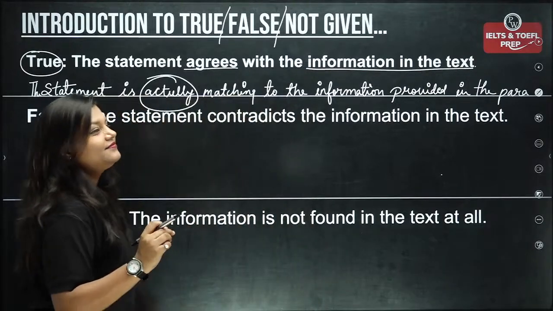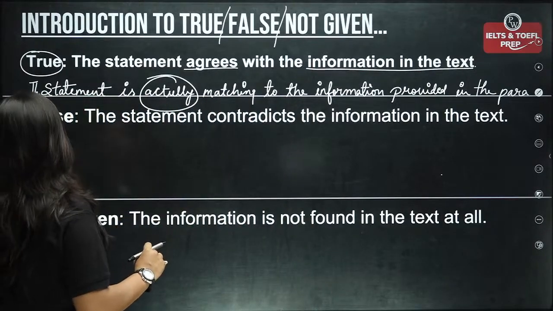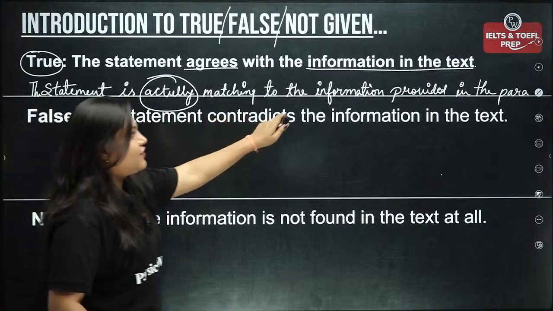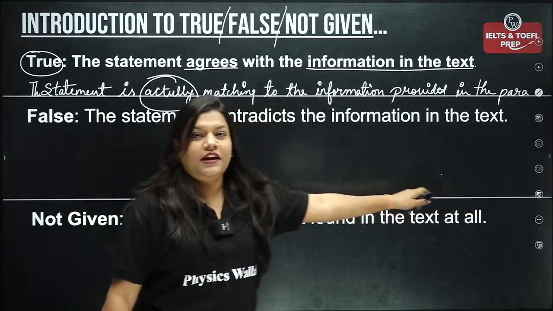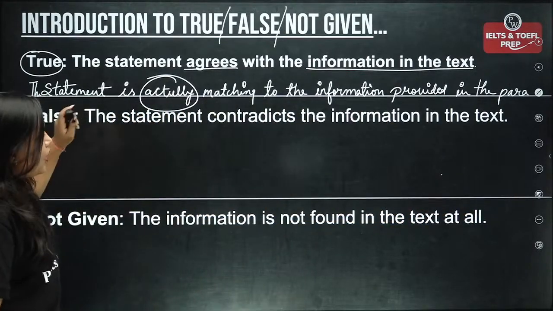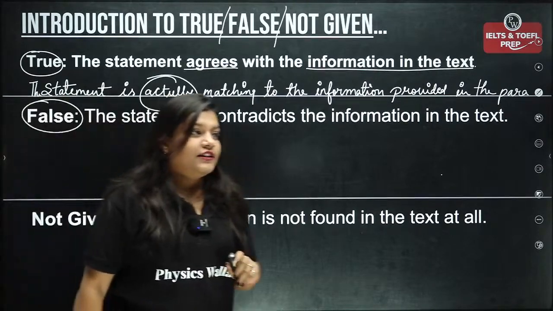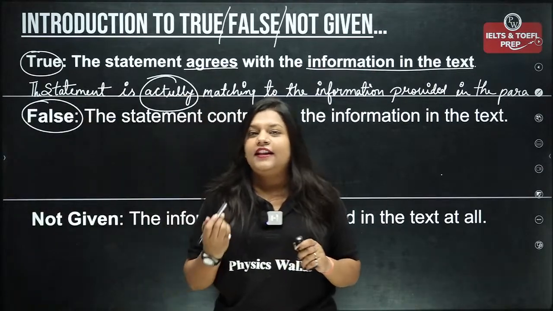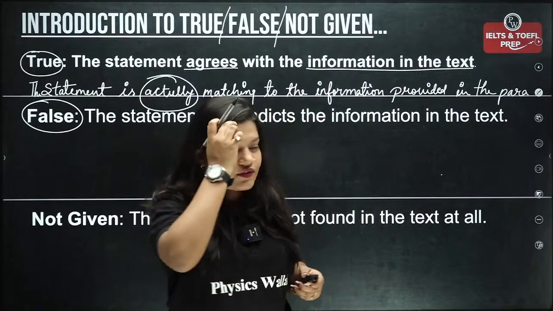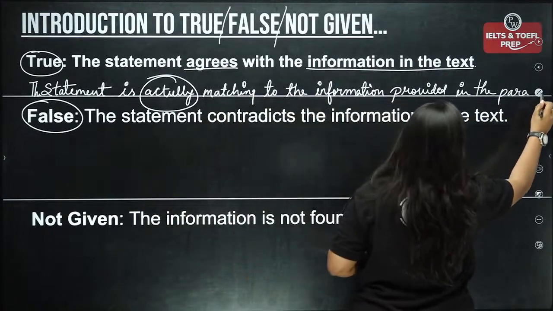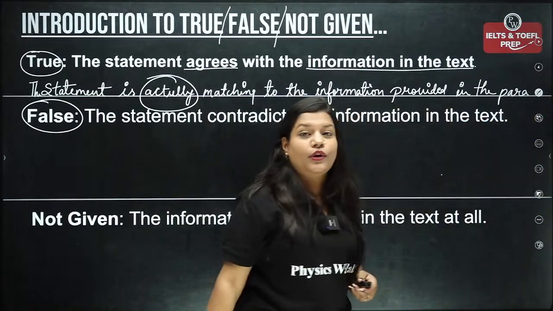Now, yes, the statement is actually matching the information provided in the para, right? So yes, these are the things. Now, let's talk about false. When I say false, I mean that there are going to be various distractors. I have already told you to be ready for the distractors because they are going to be there.